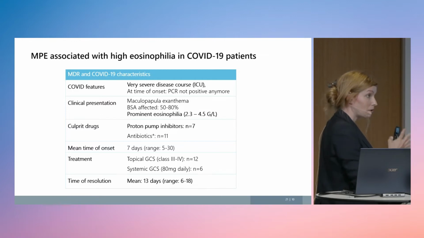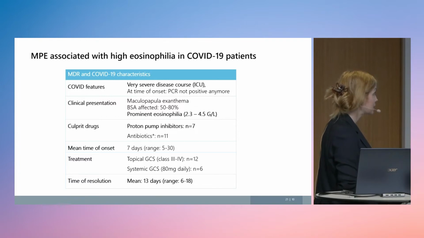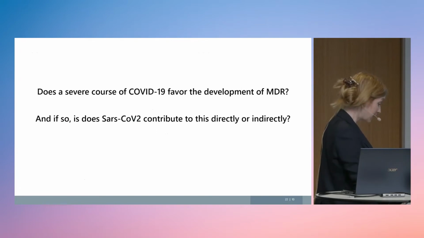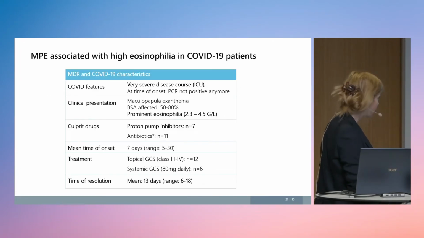And at the time of the onset of what we thought was a drug reaction, the PCR was not positive anymore for SARS-CoV-2. They all presented with maculopapular or macular exanthema quite extensively on the body surface, and had a quite prominent eosinophilia, which seemed really particular.